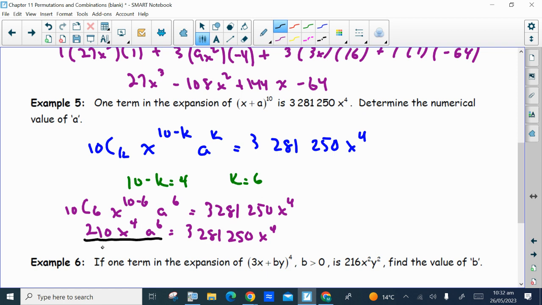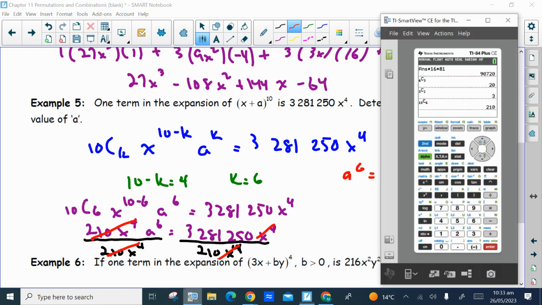We can divide both sides by 210x to the fourth. We're trying to solve for a. So the x to the fourth will cancel on the right, and on the left the 210x to the fourth will cancel, and we'll have a to the sixth left. On the right, we divide 3,281,250 by 210, which is 15,625.